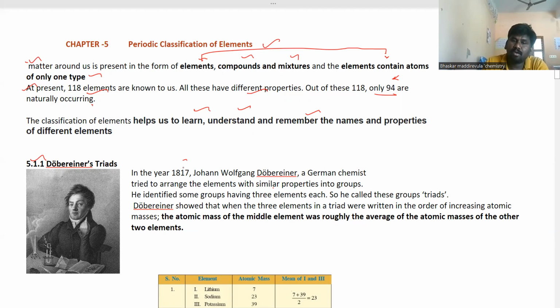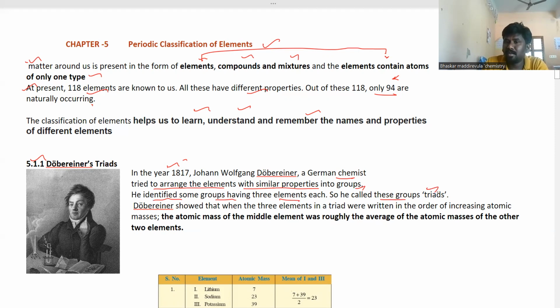This classification was done in 1817. Dobereiner was a German chemist, and he tried to arrange elements with similar properties into groups. He identified some groups having 3 elements, and he gave the name triad to that group.